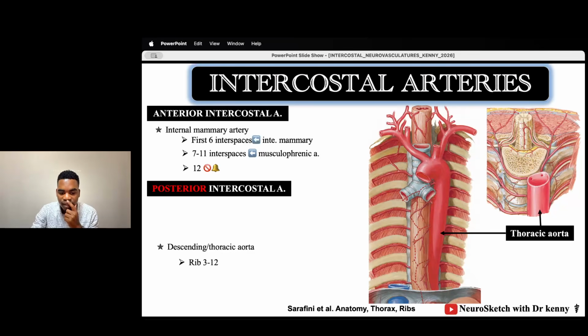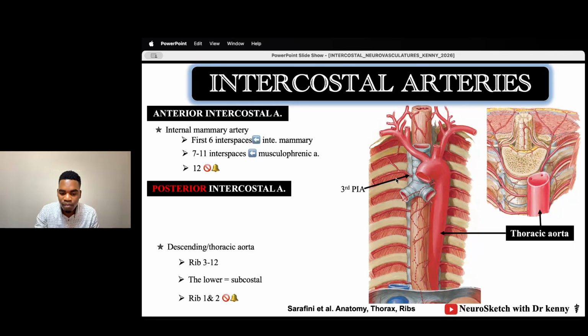But this is happening from interspace number 3 all the way to the subcostal space. The posterior intercostal arteries number 3 through number 11 are coming from the thoracic aorta, and the subcostal one below, the lowest, is also coming from the thoracic aorta.